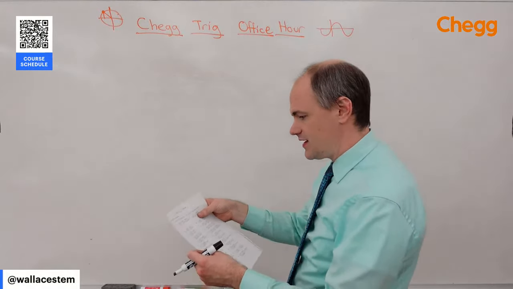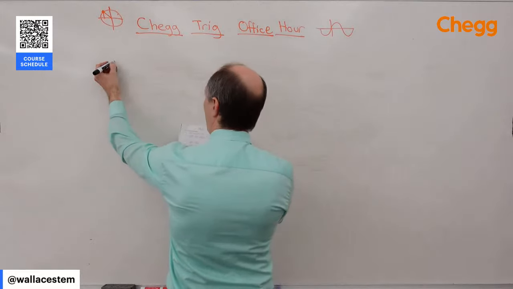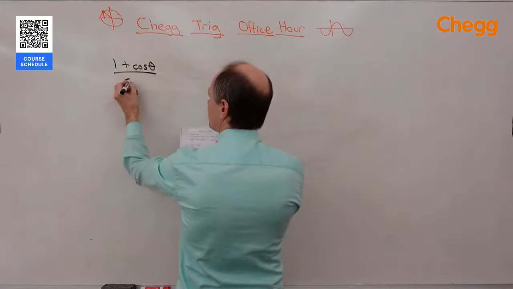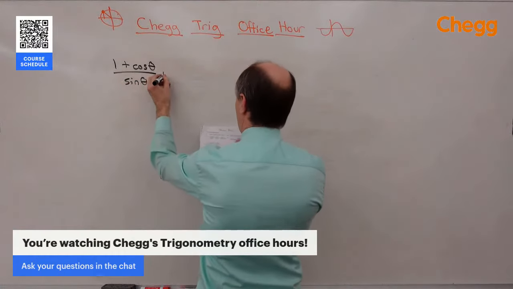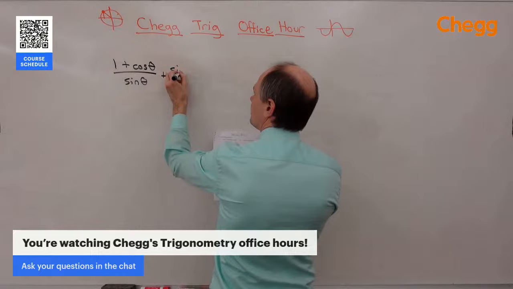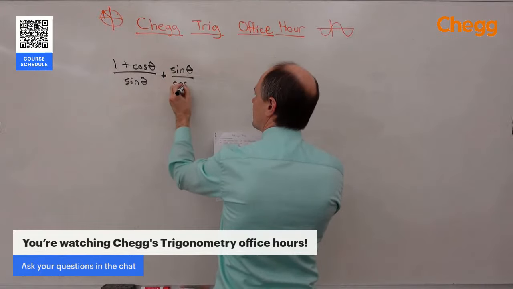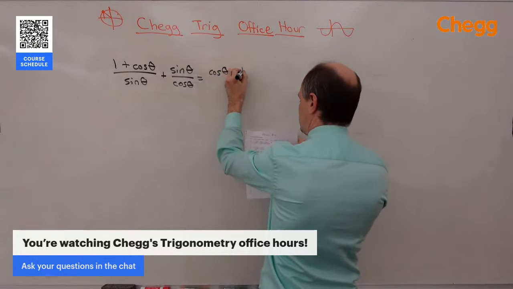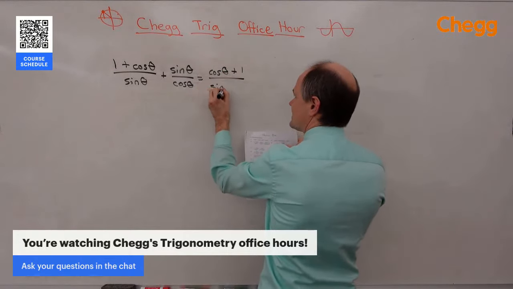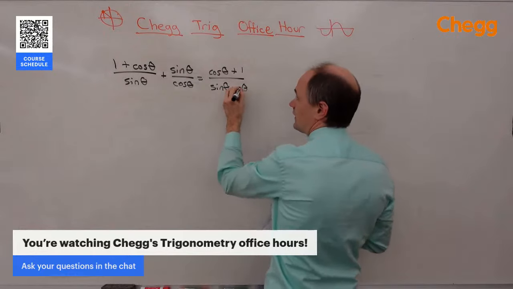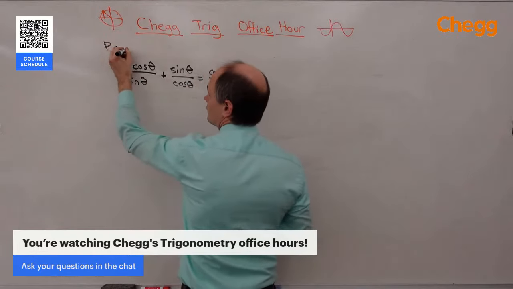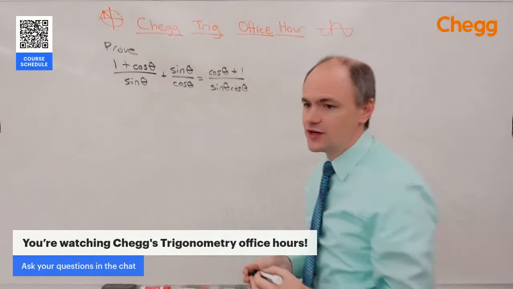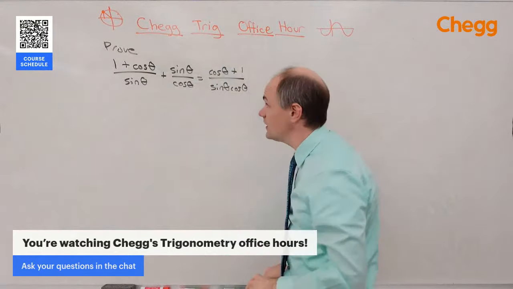Let's prove that 1 plus cosine of theta over the sine of theta plus the sine of theta over the cosine of theta is going to equal cosine theta plus 1 over sine theta cosine theta. We're going to prove this relationship. Excellent. More proofs. Always want to do more proofs. Thank you, Brody, for the question.